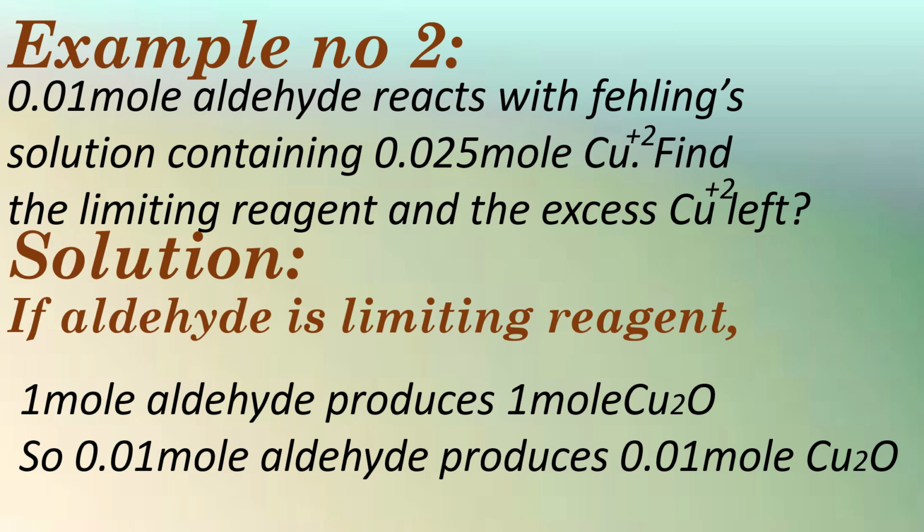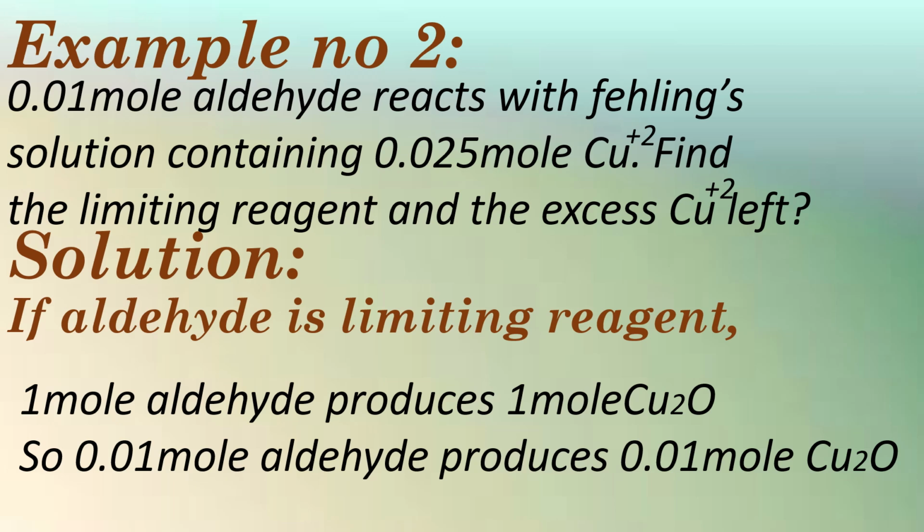Solution. First we will see whether aldehyde is limiting reagent or copper plus 2 is limiting reagent. We have to find it by a method. I will tell you. If aldehyde is limiting reagent, 1 mole aldehyde produces 1 mole copper 1 oxide.